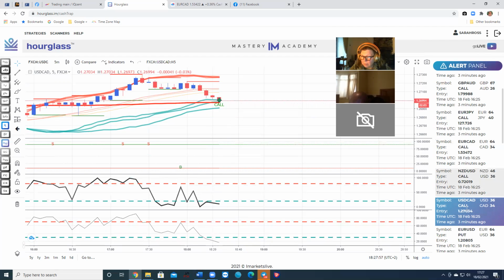We're at 27 minutes past. We've got 2 minutes left, which would take us up to that half hour. US is not that much stronger than the Canadian dollar, and it gave us a call at the 034.